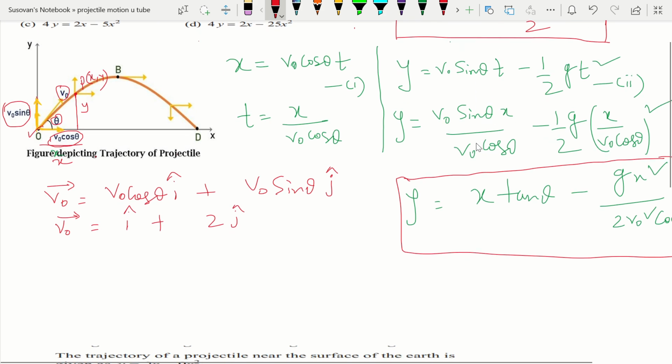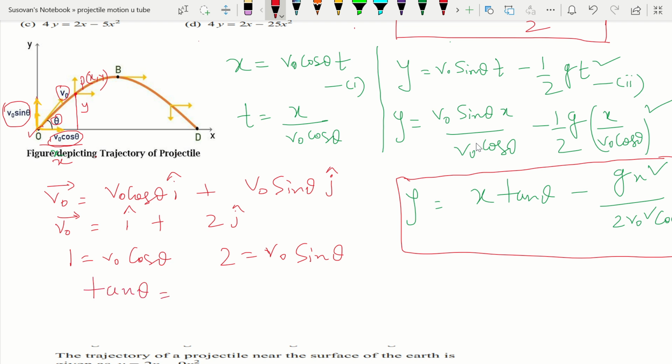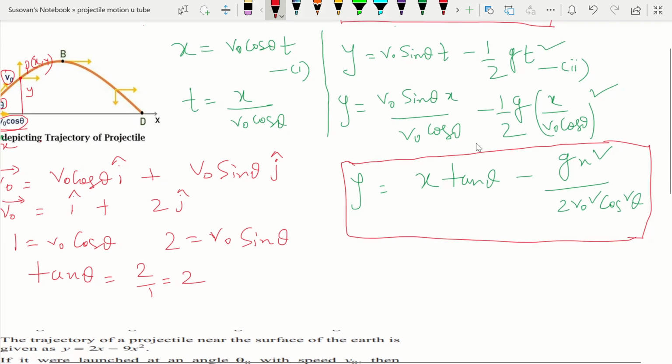So the coefficient of i cap is 1, which is equal to v0 cos theta, and the coefficient of j cap is 2, which is equal to v0 sin theta. Now if we divide v0 sin theta by v0 cos theta, we will get tan theta. So tan theta will be 2 by 1, that is 2, and v0 cos theta is 1.